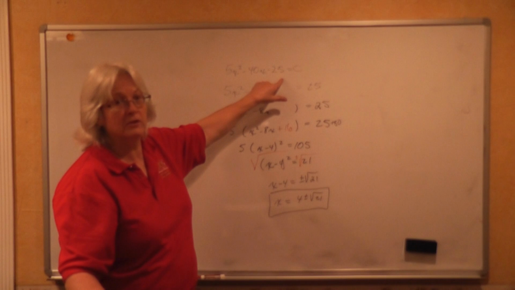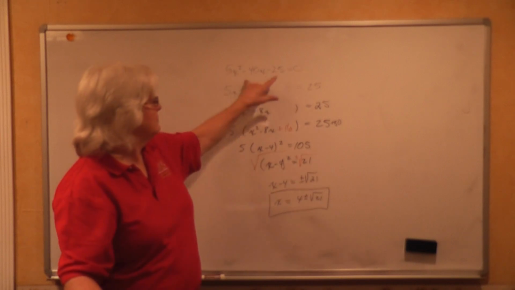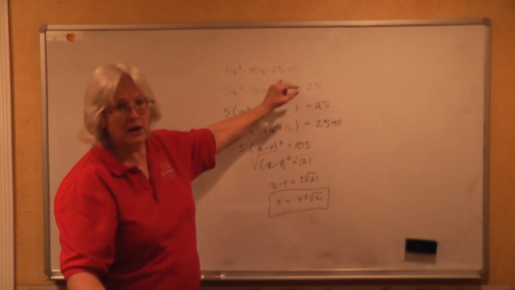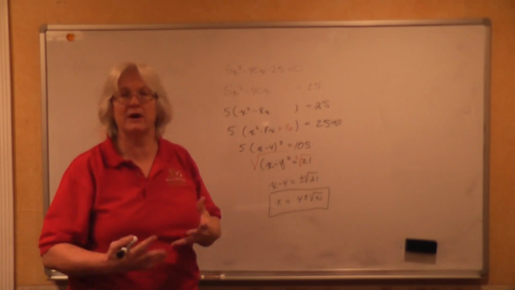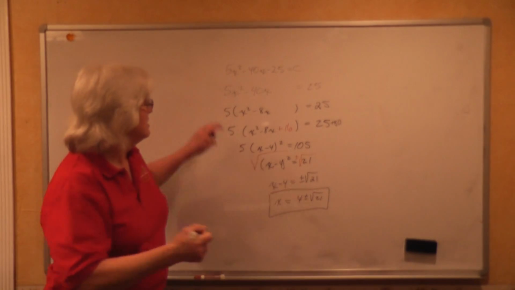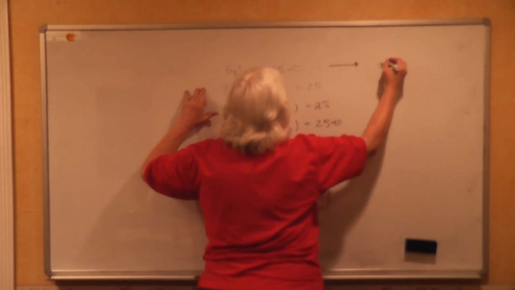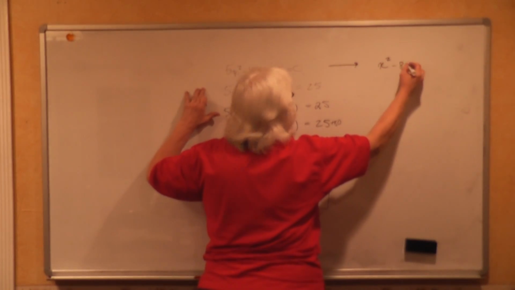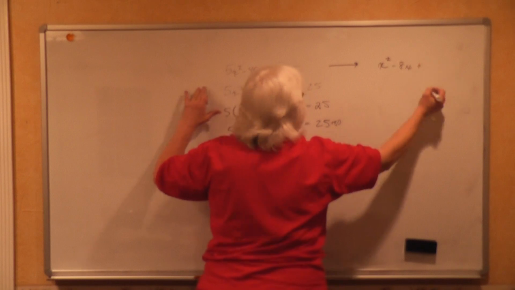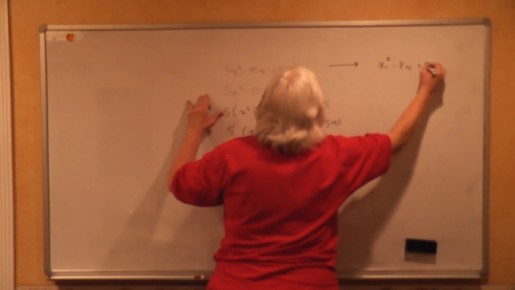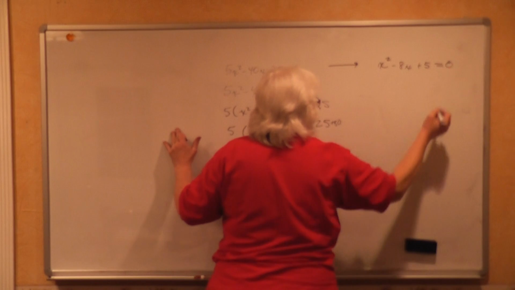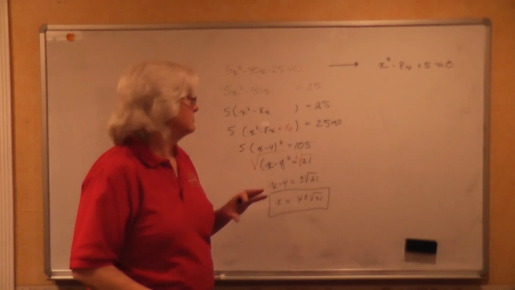If we would have factored out a 5, divided both sides of this equation by 5, however you choose to phrase it, you would have had from the beginning x squared minus 8x plus 5 is equal to 0.